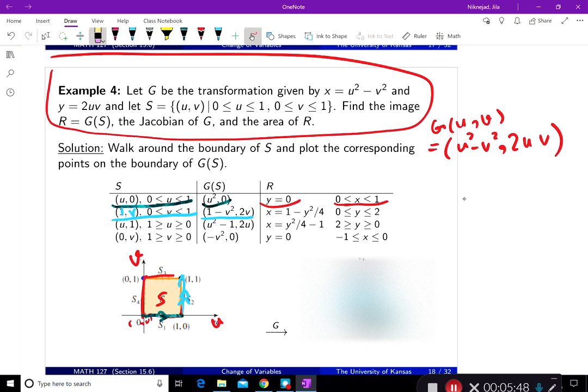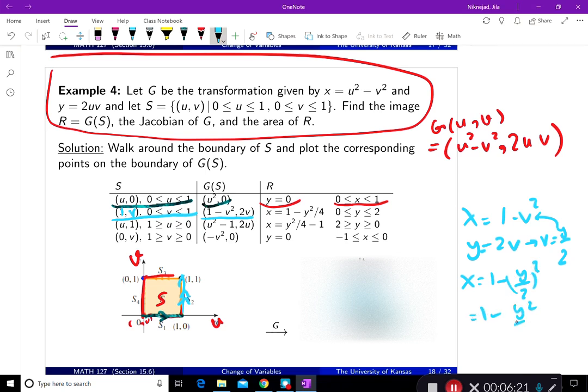And how do we do it? x is equal to 1 minus v squared and y is equal to 2v, so I solve for v, v equal to y divided by 2. I plug it back into here. I get x is equal to 1 minus (y over 2) squared, which is 1 minus y squared over 4.